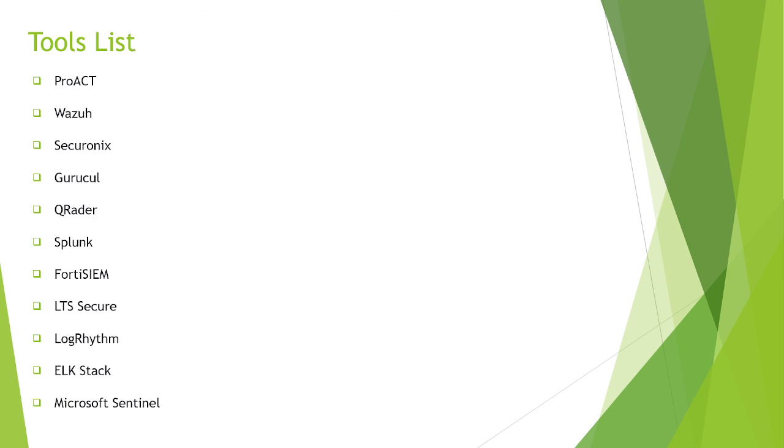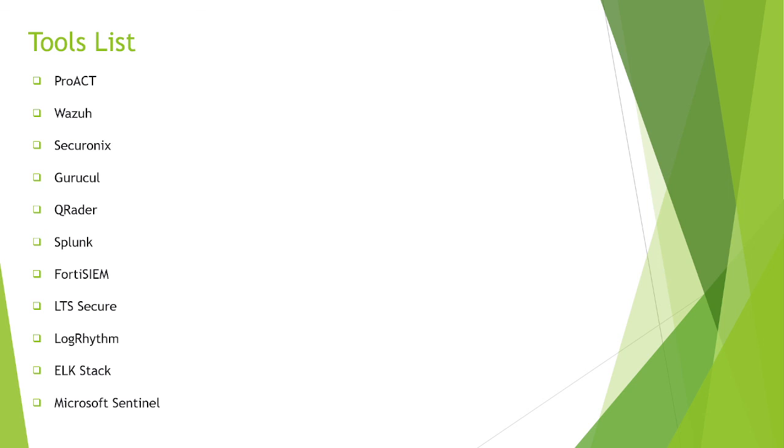At the same time, we can get a license also. And Securonix, it's a SaaS based solution, and we have Exabeam, QRadar, Splunk. As you are aware, it is a market leading product, and we can go for FortiSIEM. It is provided by the Fortinet team, and we can have LogRhythm, the ELK stack, Logstash and Kibana, and finally Microsoft Sentinel.